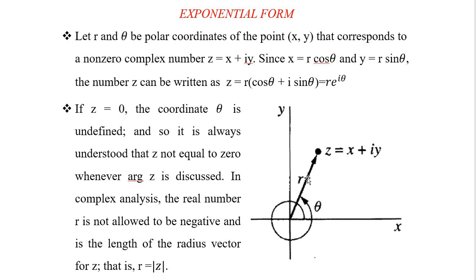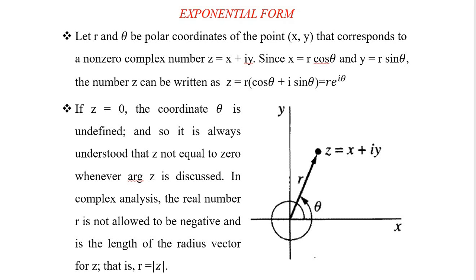Another important point: in complex analysis, the real number r is always taken positive, not allowed to be a negative number, because it is the length of the radius vector. So we denote it as r equal to mod z.